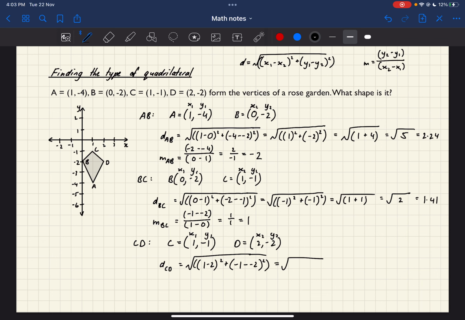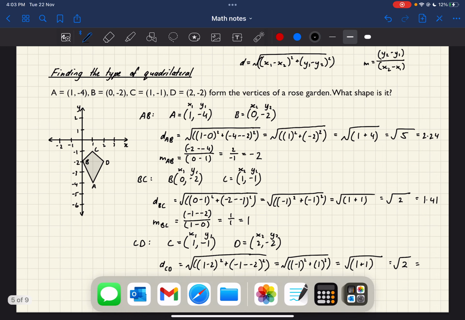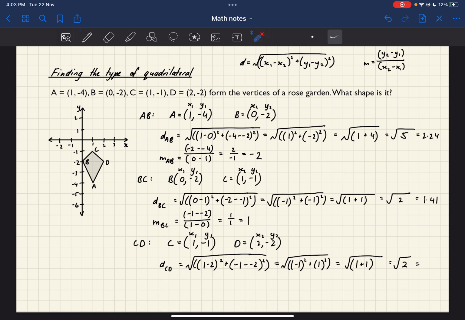That's -1 squared plus 1 squared, which equals 1 plus 1, which equals 2, and the square root of 2 is the same as before, which is 1.41.